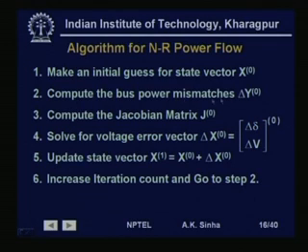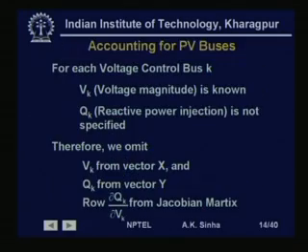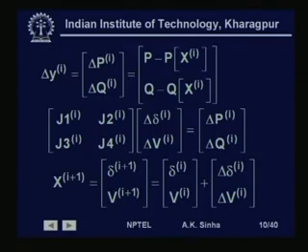Now, compute the bus power mismatches delta y 0. Once we have made the guess of V and delta, substituting the values of V and delta into the equations for real power and reactive power, we can find out the mismatch using this relationship: P specified minus P calculated with x at the initial guess, Q specified minus Q calculated with x at the initial guess.